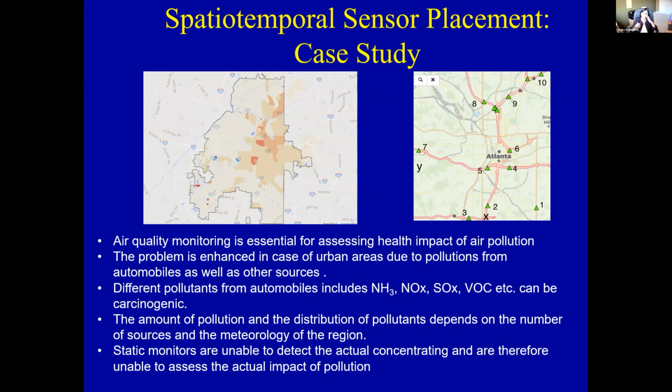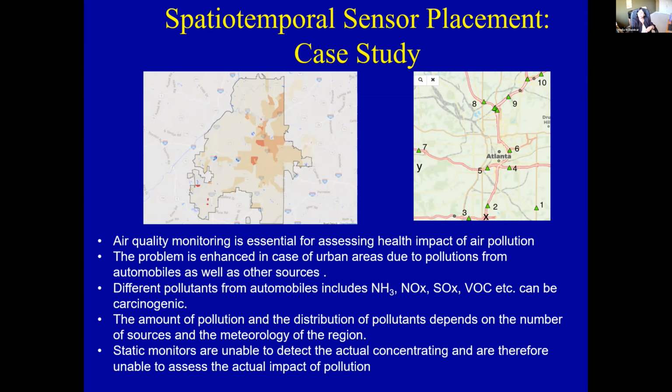So what we are saying is that there are 10 sources of pollution. This can be automobile or existing, and those points are marked here. And if you take a static monitor, you may not be able to capture the actual impact of pollution, because as the traffic pattern changes, the pollution pattern changes.